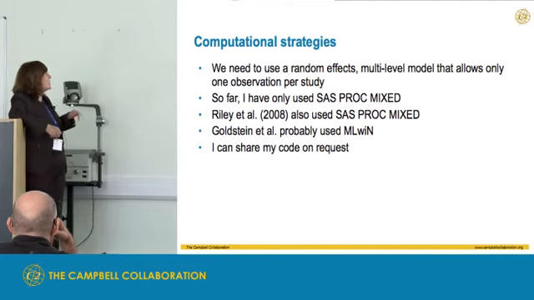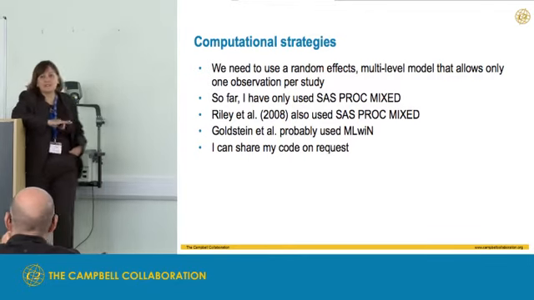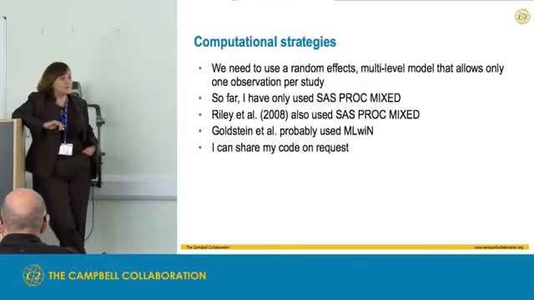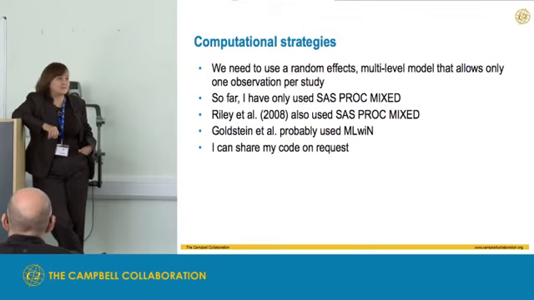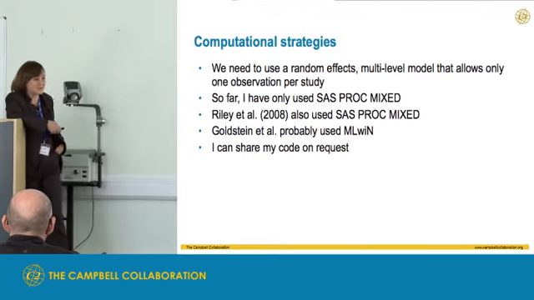Riley used it. Goldstein doesn't say, but I'm guessing he uses his own program in that particular case, MLwiN, and I can obviously give you the code. I spent a lot of time, as Emily can attest, trying to get a good example for a treatment, an intervention case, and I just couldn't make it work.